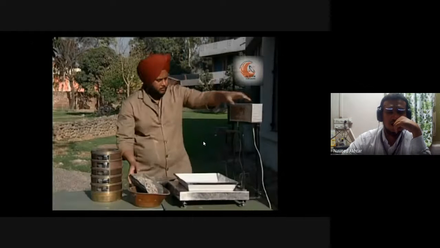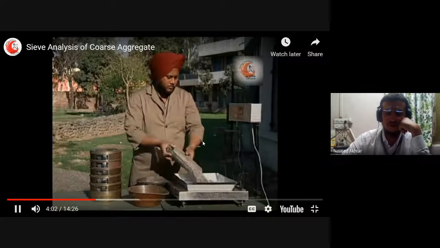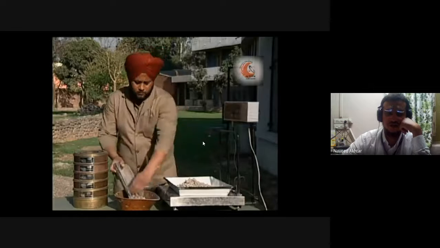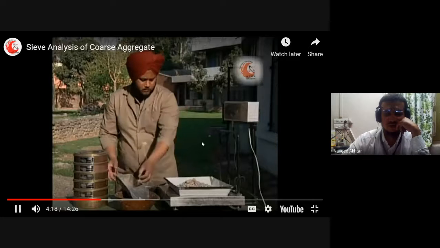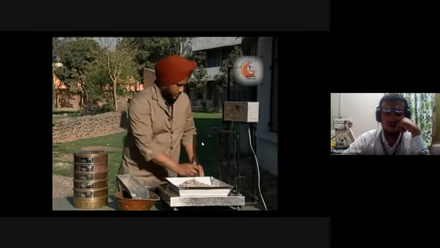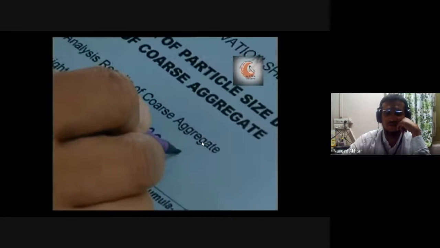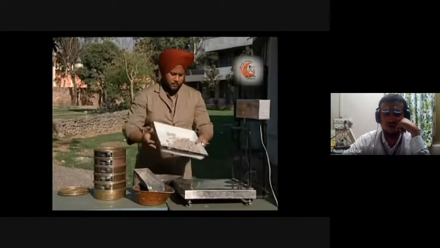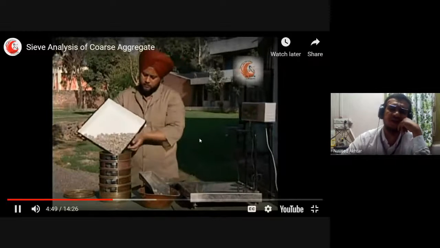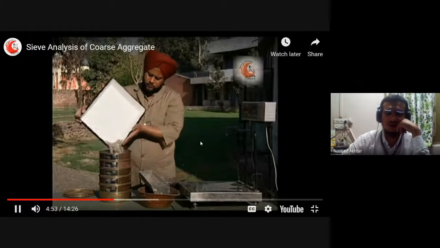Now we'll perform the experiment. We'll take 1 kg of coarse aggregate sample, 1 kg or 2 kg as per your sieve size. If you're using a smaller size, then you can take this 1000 gram or 1 kg of sample. The first sieve is your 20 mm sieve, and larger particles will be retained on it.